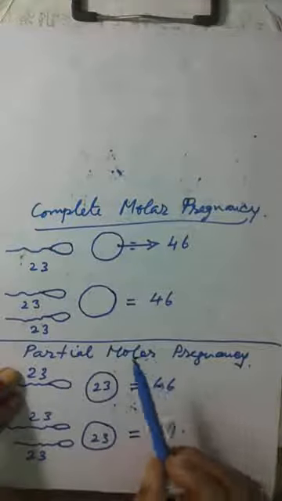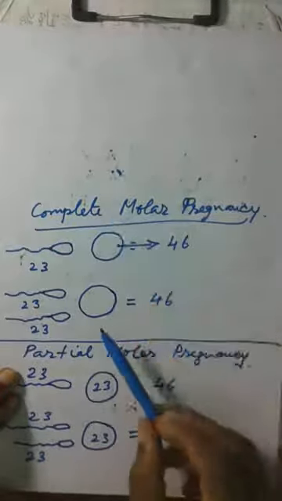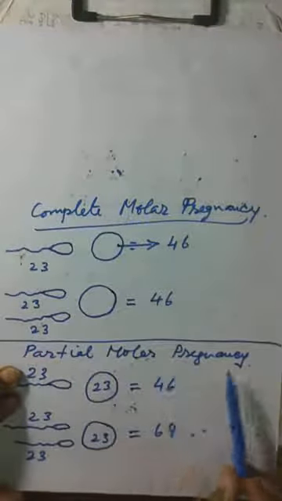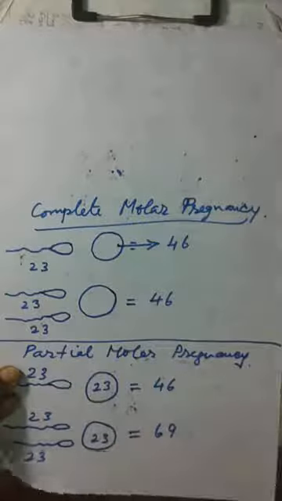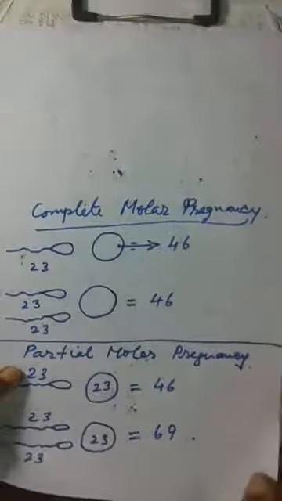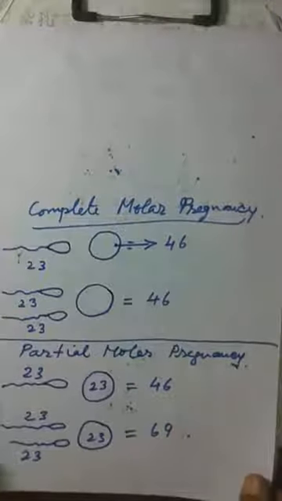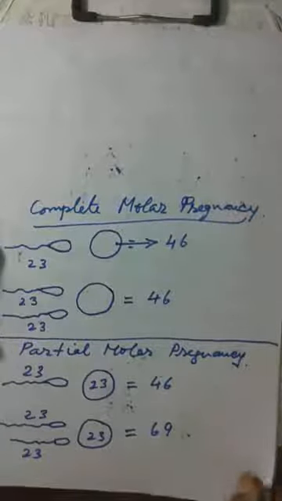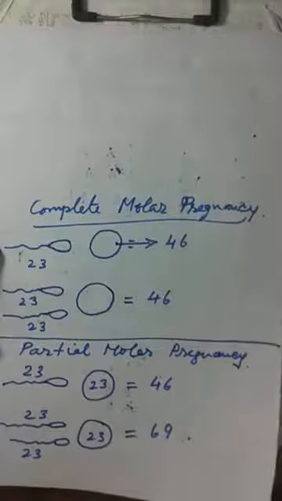Two types. One is complete molar pregnancy and the other is partial molar pregnancy or incomplete molar pregnancy. In both pregnancies, the fetus will not be developing properly, so we have to evacuate, or by surgery we have to take out all the moles.